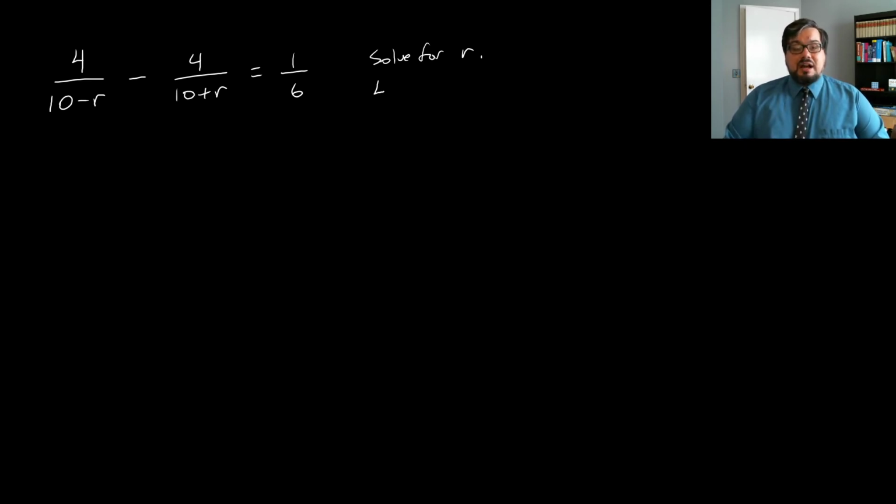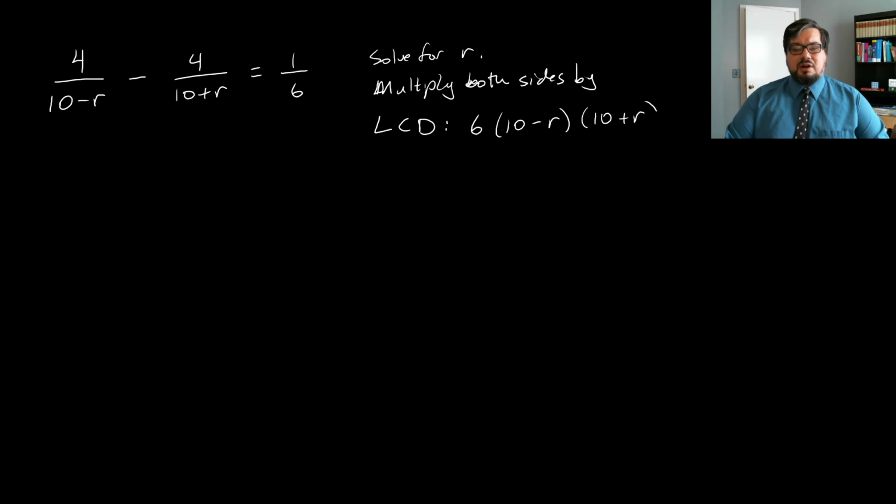As we've done a few times, we want to multiply both sides by the least common denominator of all the fractions involved. So in this case, the least common denominator is going to involve a 6, because you've got that 6 in the fraction on the right, and it's going to involve a 10 minus r and a 10 plus r, because those are the two factors that appear in the other two fractions.